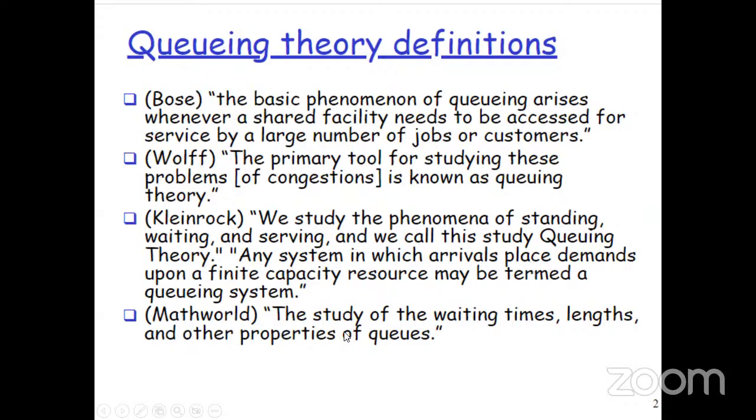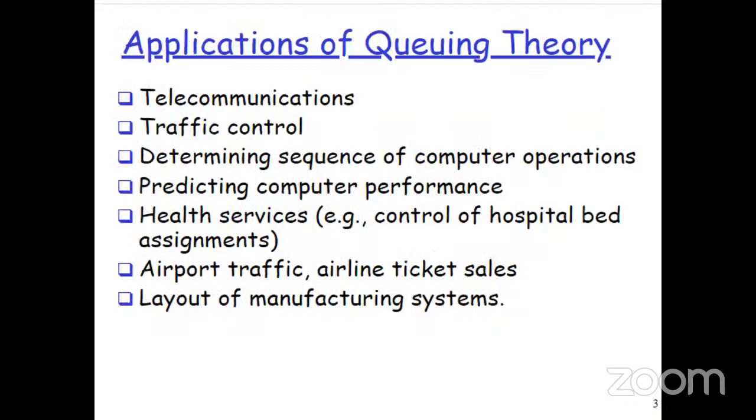The study of the waiting times, lengths, and other properties of queues is considered queuing theory. Many people gave many ways, but ultimately the word queue is mentioned, right? It arises when a shared facility is needed for accessing service by a large number of people.